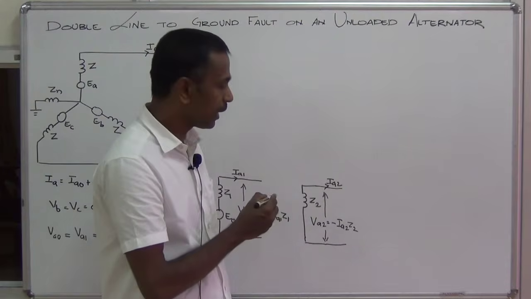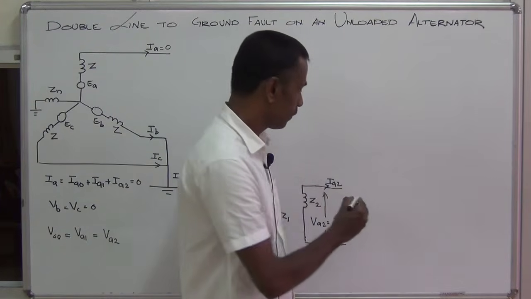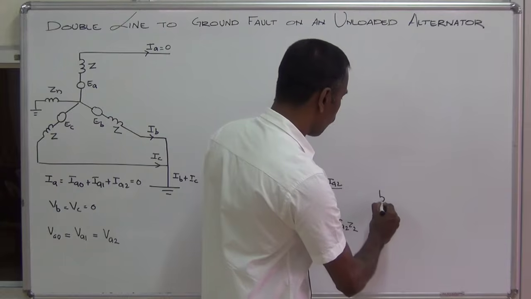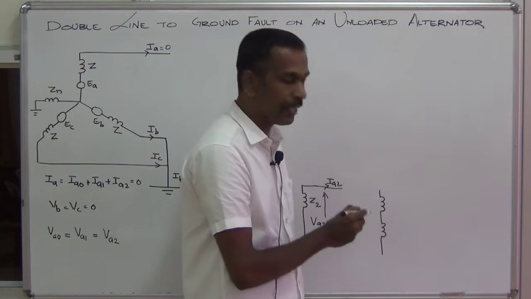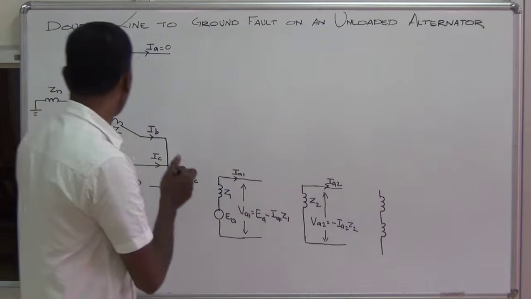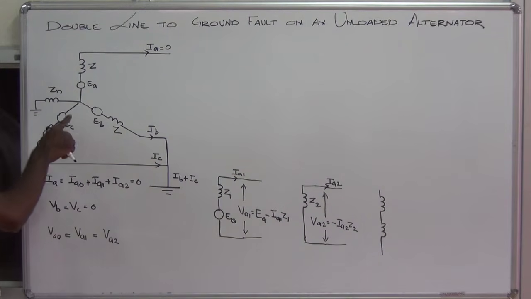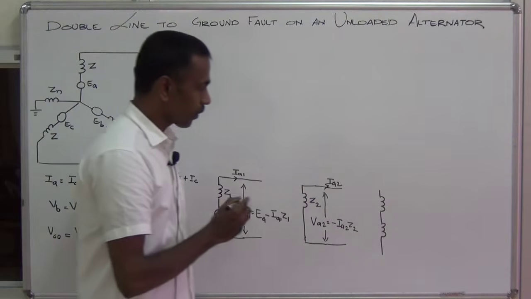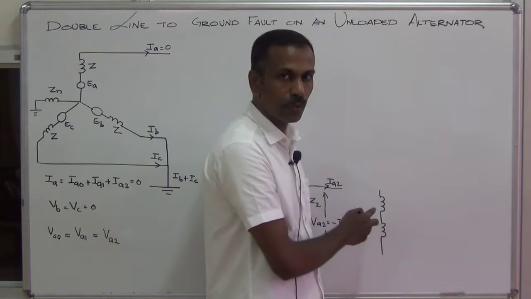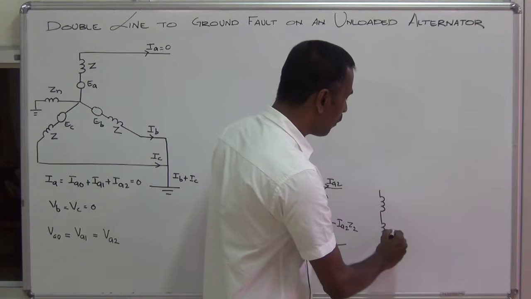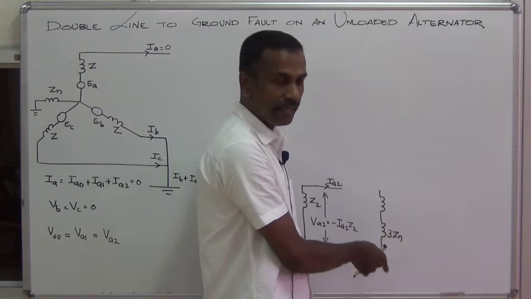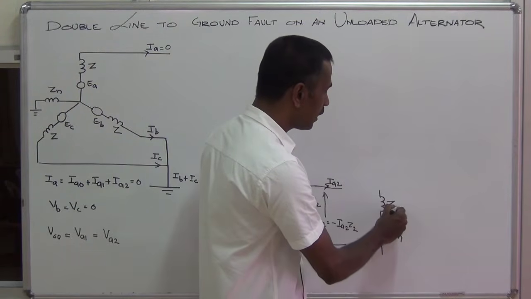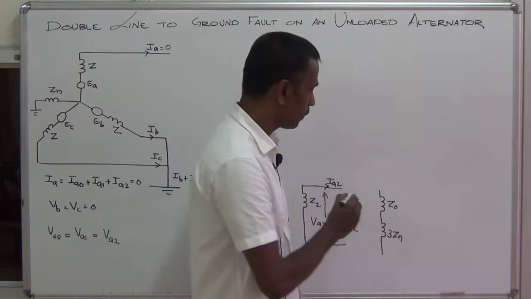Let us draw the zero sequence network of an alternator. When you draw the zero sequence network, you need to consider the neutral grounding impedance also, because the zero sequence current flows through the neutral grounding impedance. When Zn is marked in the zero sequence network, this should be marked as 3Zn. We have studied the reasons in the earlier classes. This is the zero sequence network of an alternator.